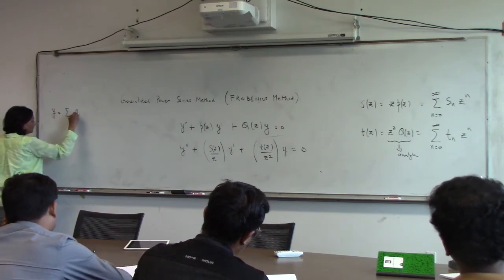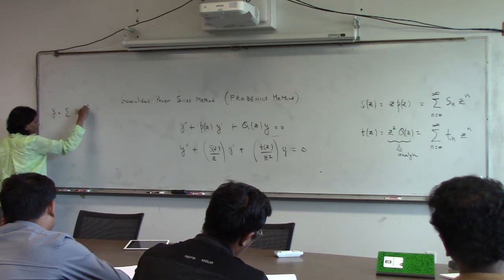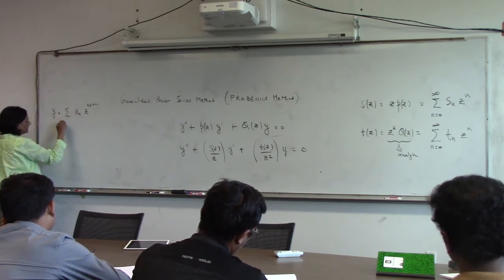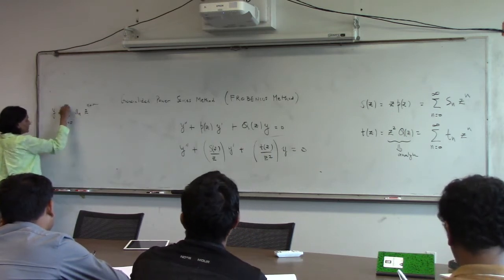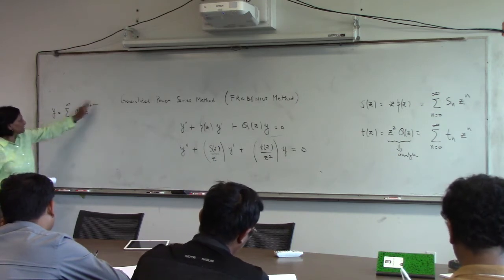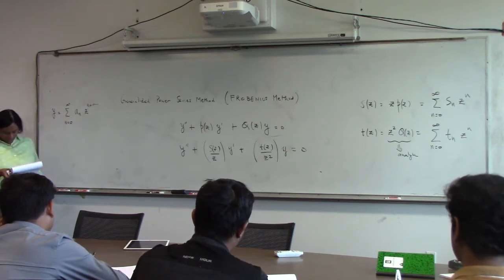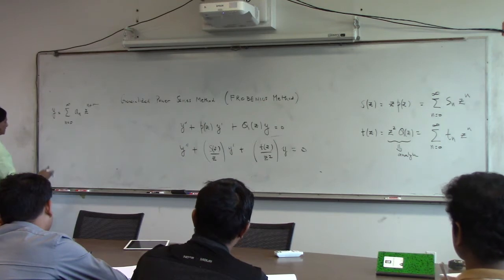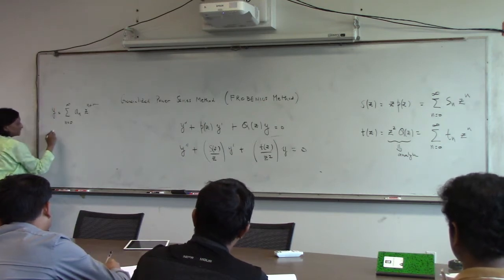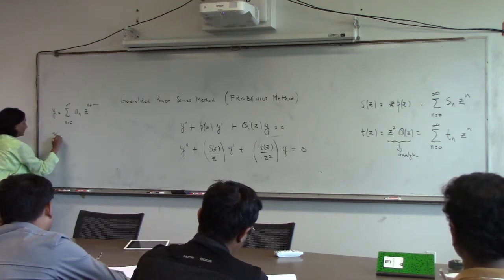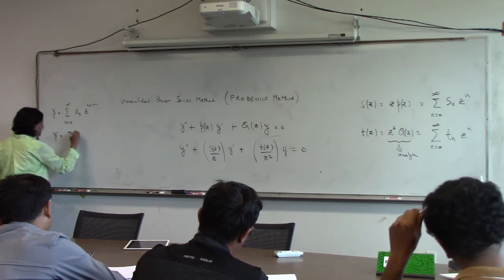I put the sigma inside now. I wrote that initially so I wanted you to see the difference. We had only that series and we had one term extra. So I'm going to write it like this from now onwards. So I can calculate y prime and y double prime, and then see what happens.